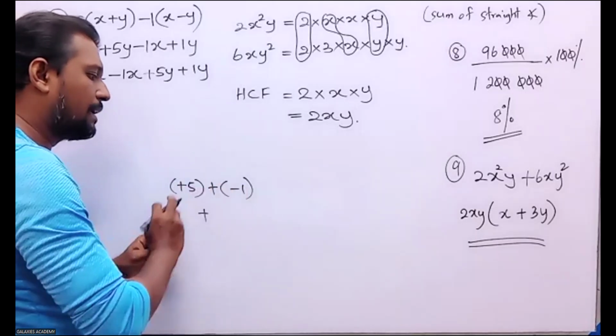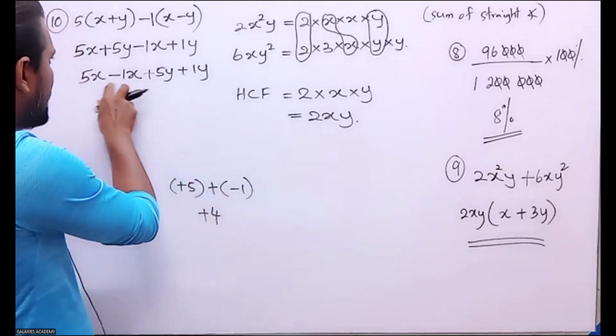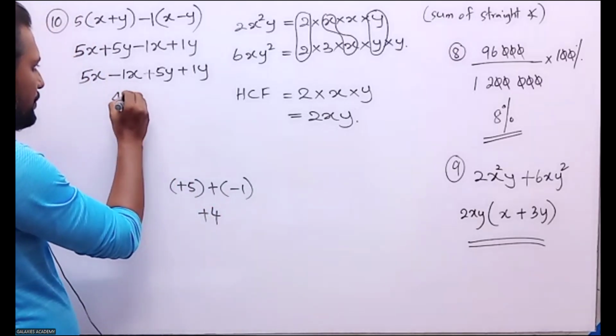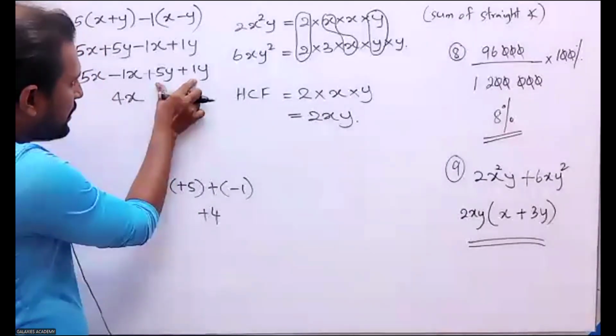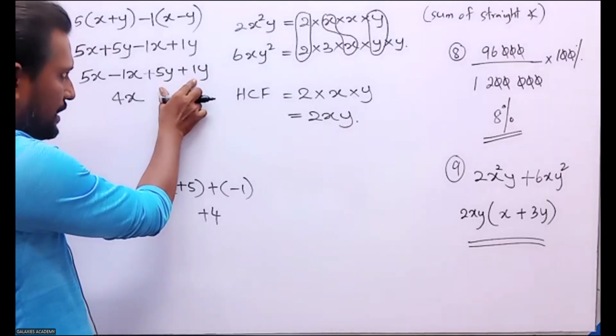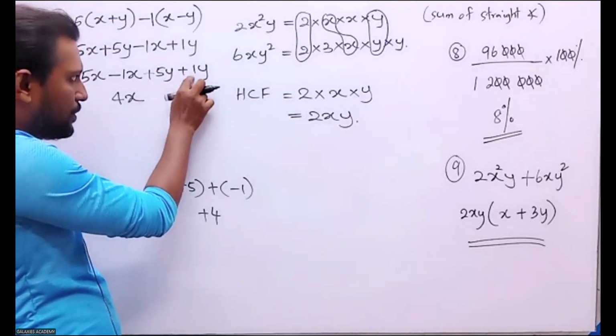You have to subtract these two magnitudes. 5 minus 1, 4. So when you simplify the x terms, your answer should be positive 4x. Then I'm going to check the simplification of y terms. The coefficient positive 5 and positive 1.